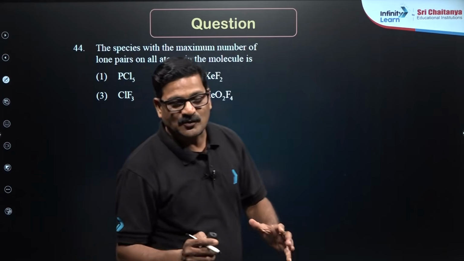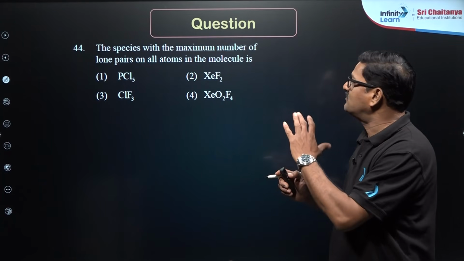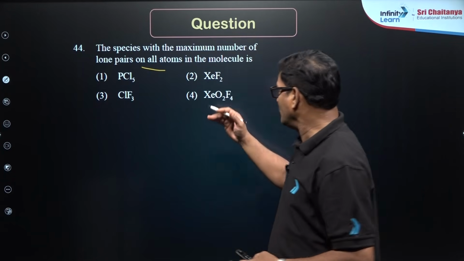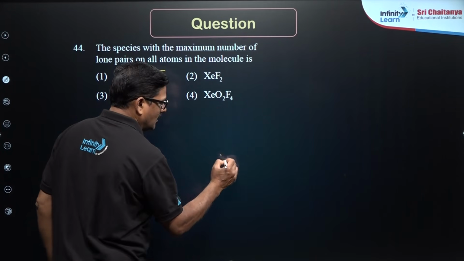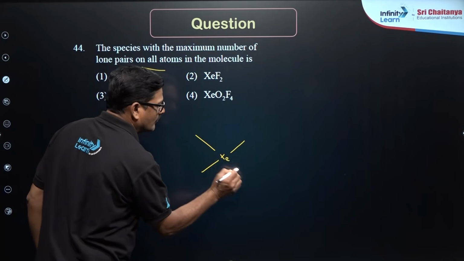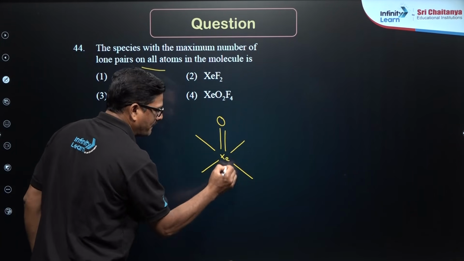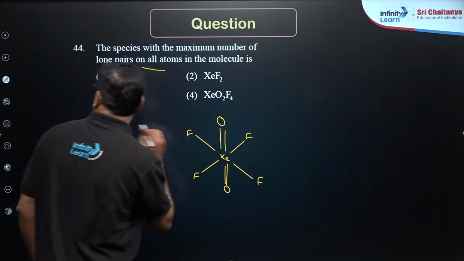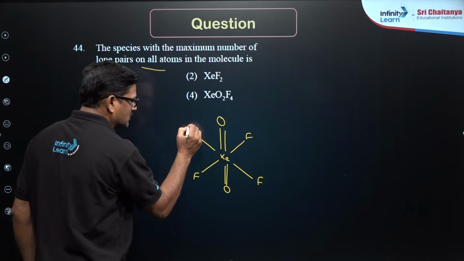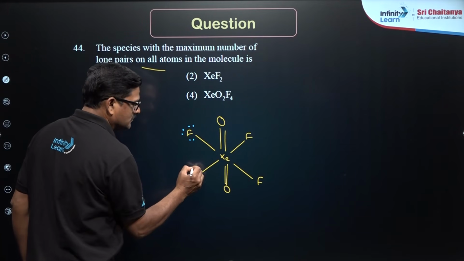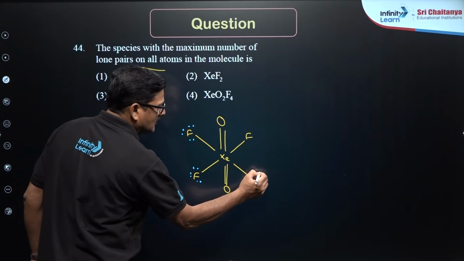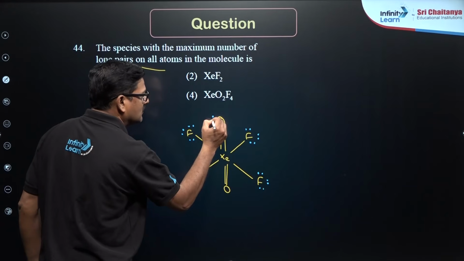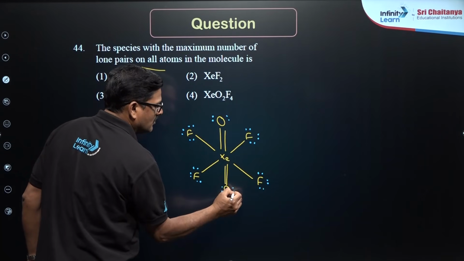Students, this is the question asking about the species with the maximum number of lone pairs on all atoms in the molecule. If you check XeO2F2, I could find the lone pairs of electrons here: 3 on each fluorine and 2 on each oxygen atom.